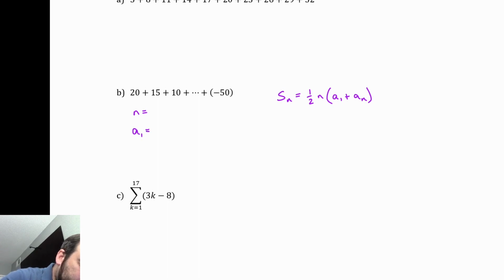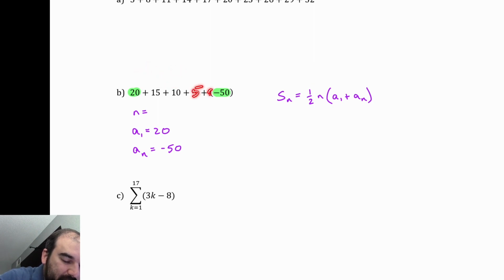I know the first term in the series is 20. That's easy to identify. You just look at the series. The last term in the series we want to add, a sub n, is going to be -50. That also just comes from looking at the terms of the series. As for the number of terms, we could write out all of these terms because we know that it's subtracting 5 every time, so it's an arithmetic series.